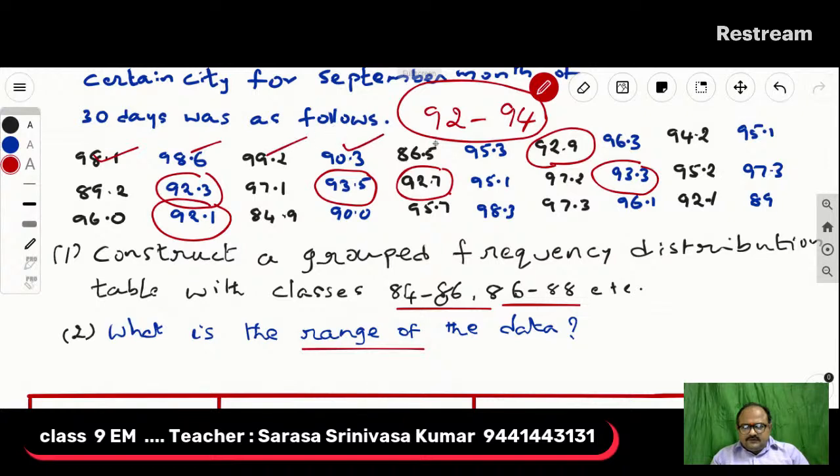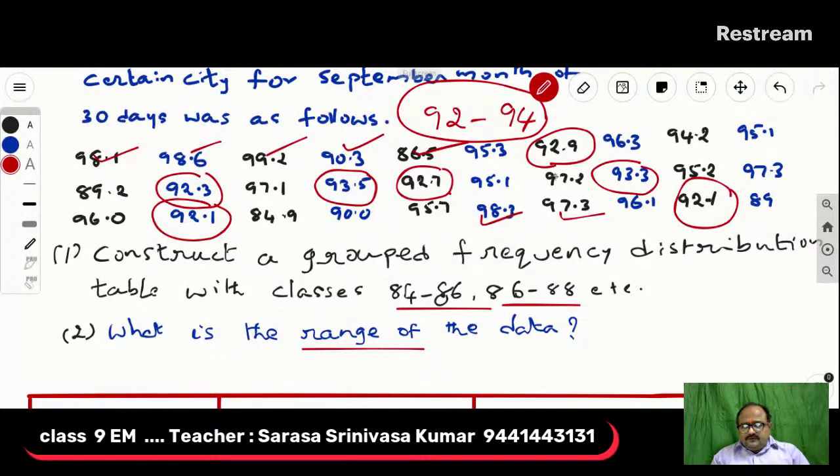Verified. Yeah, here is another value, 92.1. So how many observations are there in this class interval?